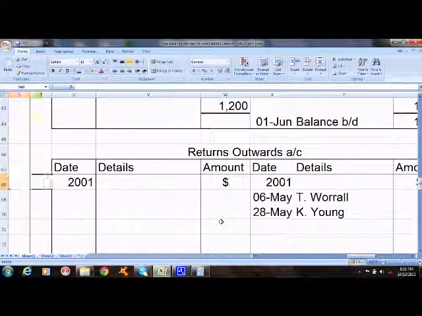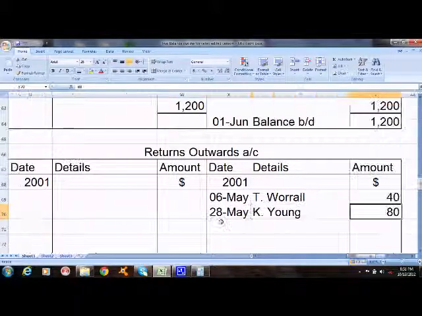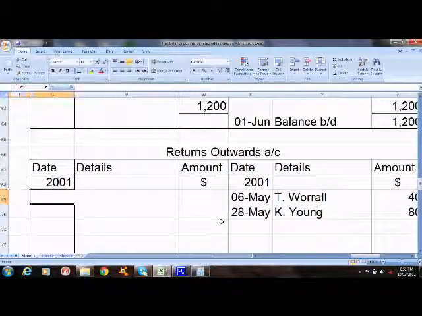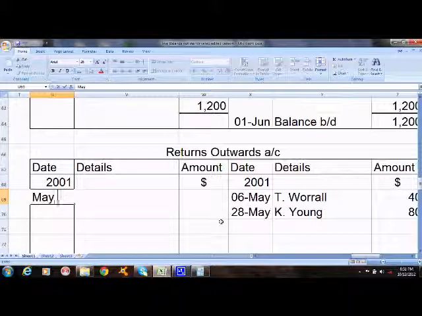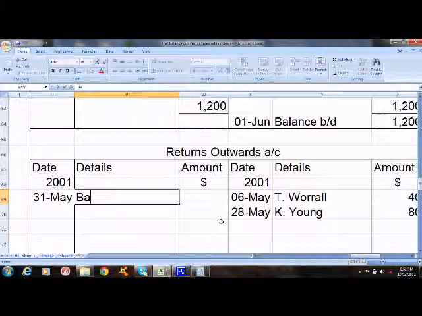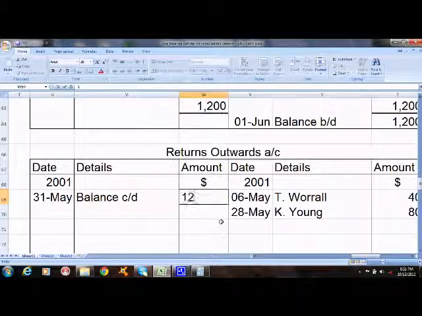Returns outwards also was a credit balance, so returns inwards is a debit balance. Now we're going to add up these two. We have 120, May 31, balance CD 120.